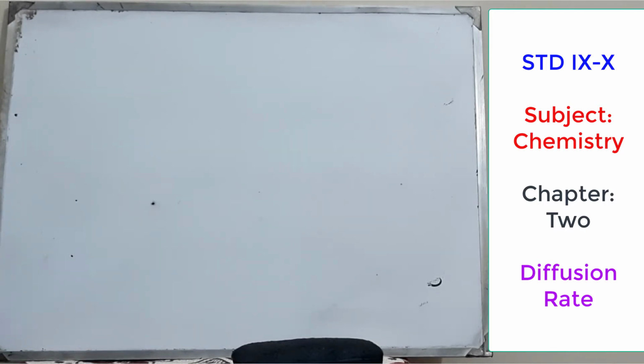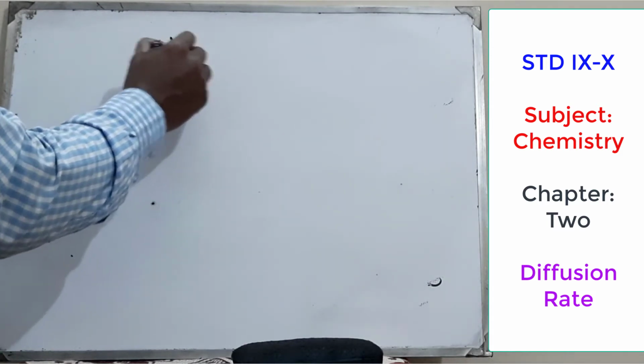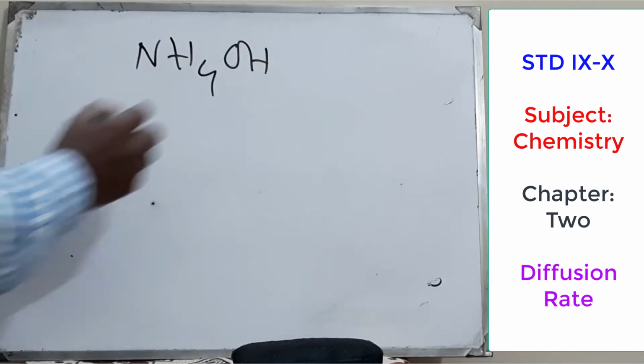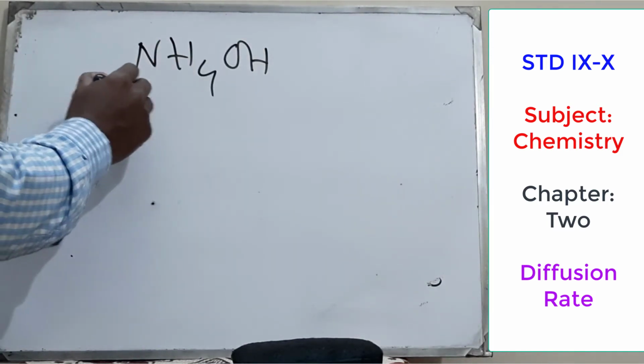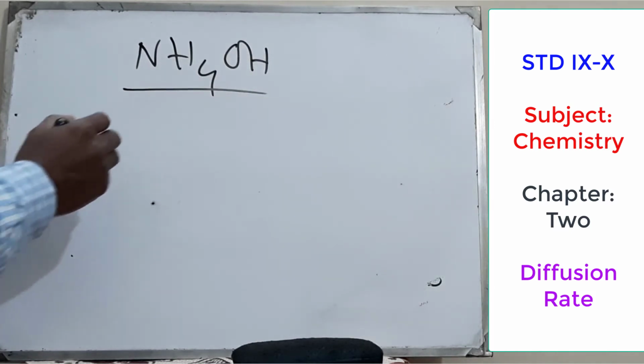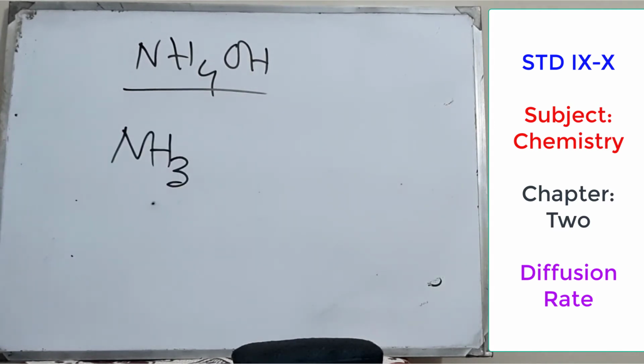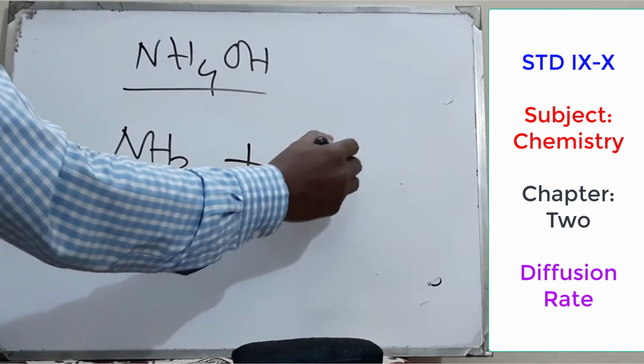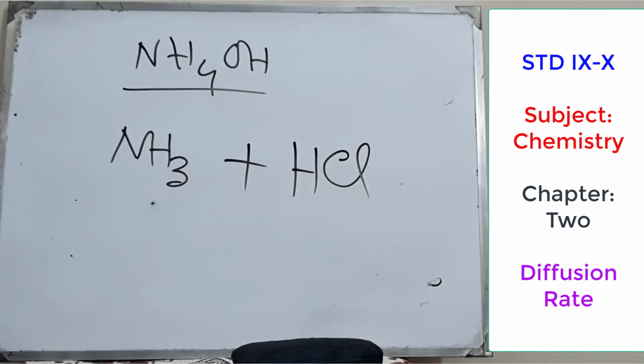What are the two compounds we have taken? First compound, ammonium hydroxide. From ammonium hydroxide, ammonia will be separated. It will be produced, ammonia. And another compound was hydrochloric acid, concentrated hydrochloric acid.